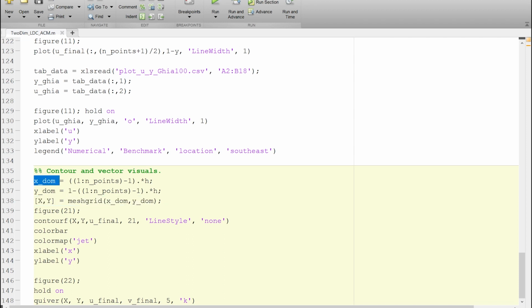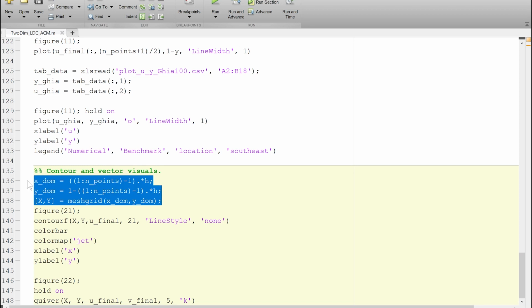Earlier, these X and Y domains were simply 1D arrays, and this meshgrid command converts that set of 1D horizontal and 1D vertical arrays into a 2D grid set. So suppose this is a 1 by 5 array in the horizontal and this is a 1 by 5 array in the vertical, the meshgrid command would create a 5 by 5 grid set on which now we can plot the solution.